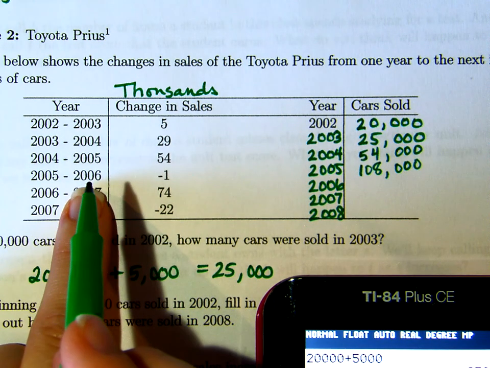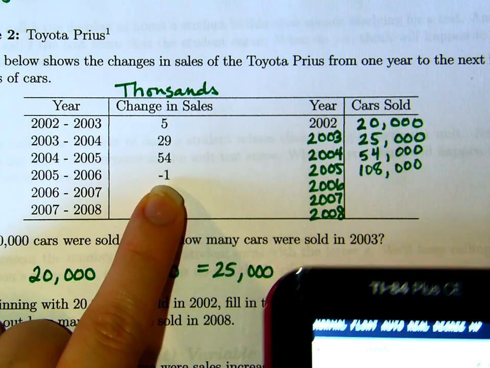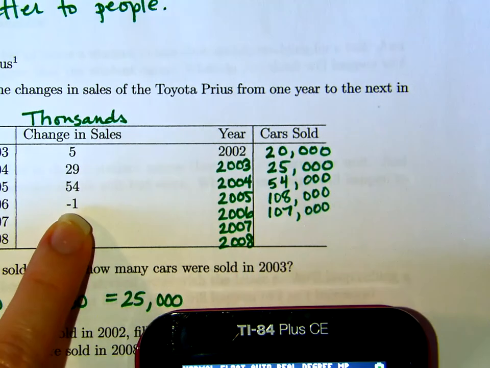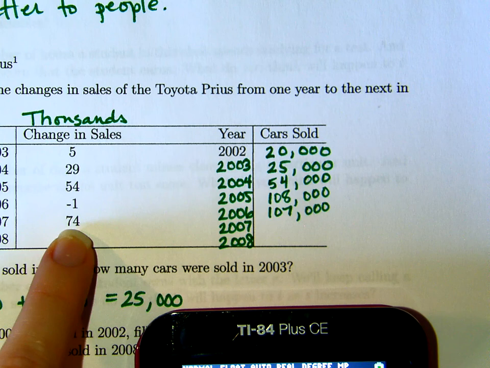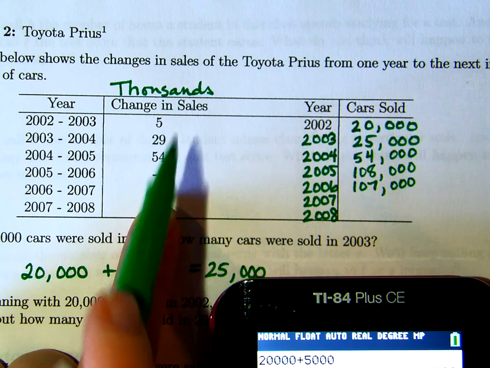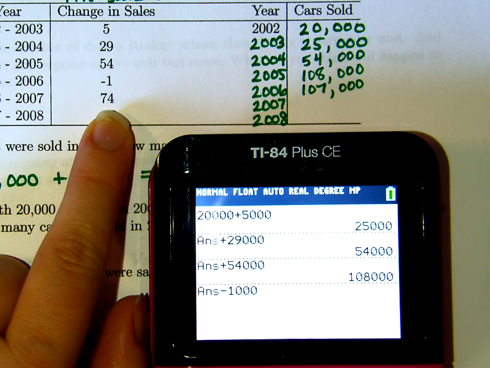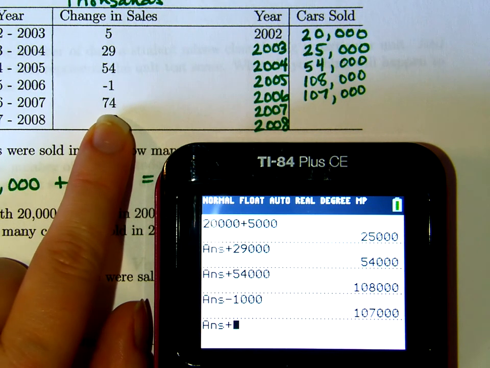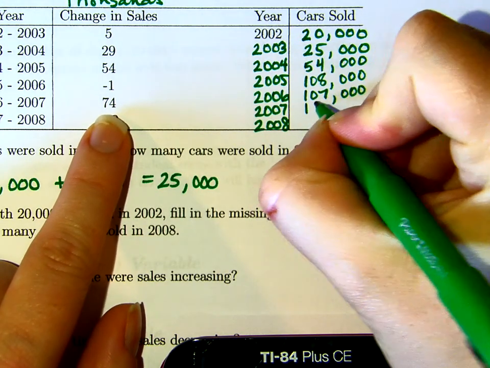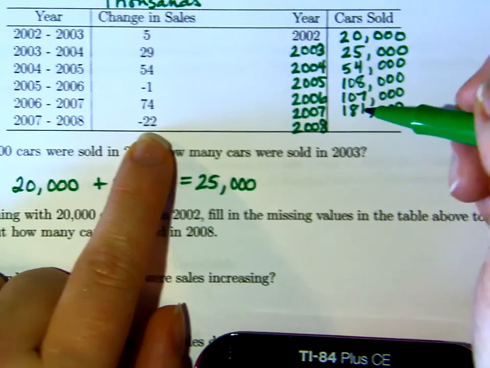From 2005 to 2006, the sales went down 1,000. Okay, so 107,000 cars were sold in 2006. And then from 2006 to 2007, we saw another increase of 74,000. Okay, hold on. I did not decrease by 1,000 on my calculator, but now I'm going to increase by 74,000. 181,000 cars sold in 2007, and then a bigger dip.